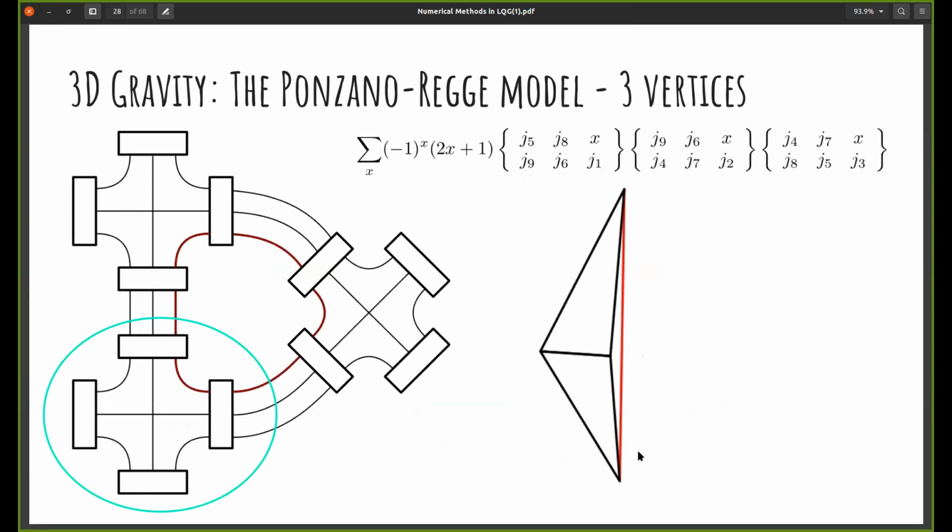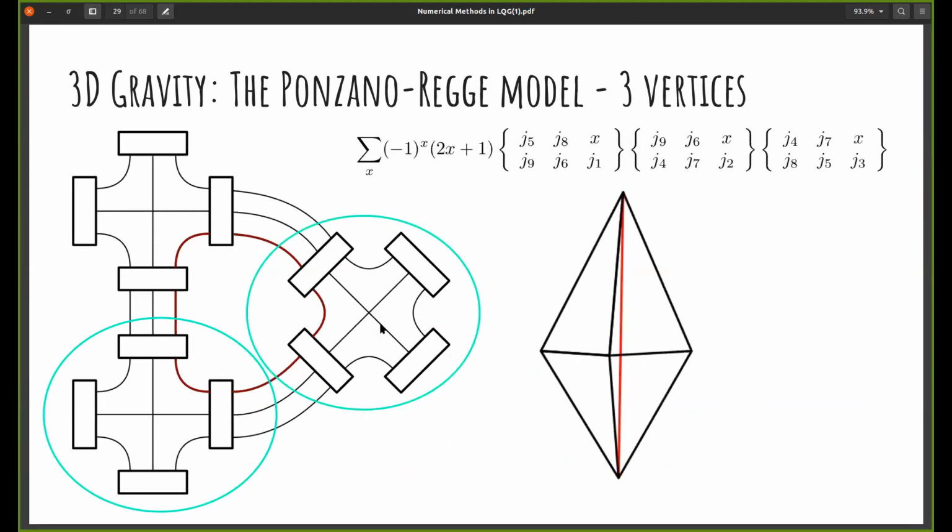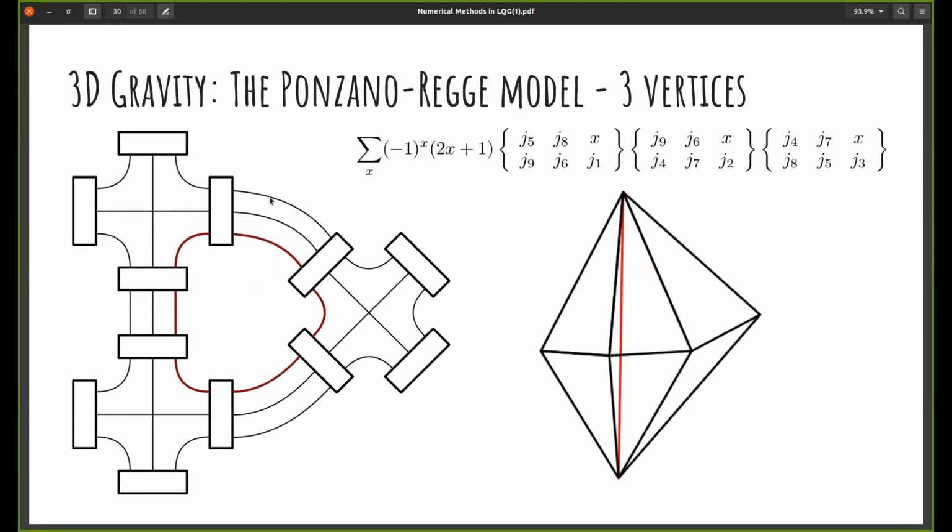So you take one tetrahedron. This corresponds to the first vertex that I circled here. Then you glue along a triangle another tetrahedron. Then you glue the last tetrahedron along another triangle, the second one, but also you glue it to the first tetrahedron along a different triangle.